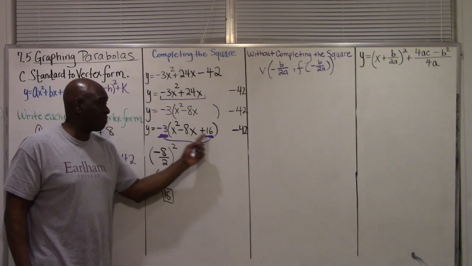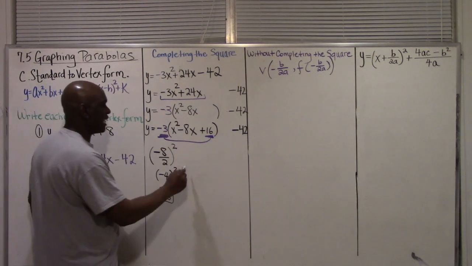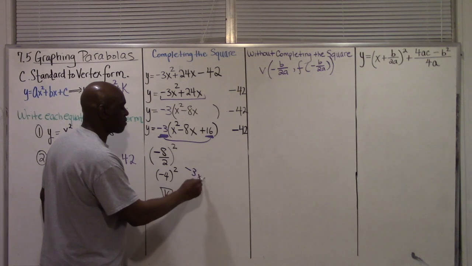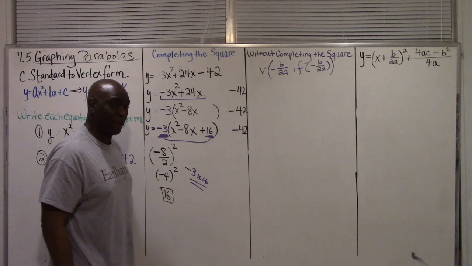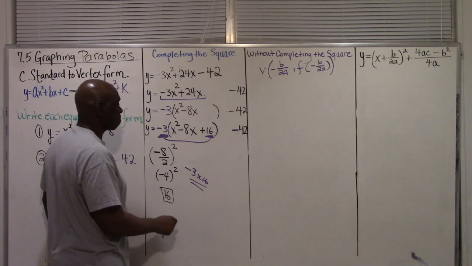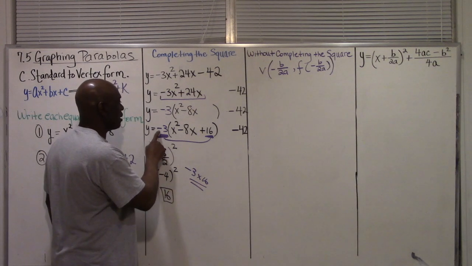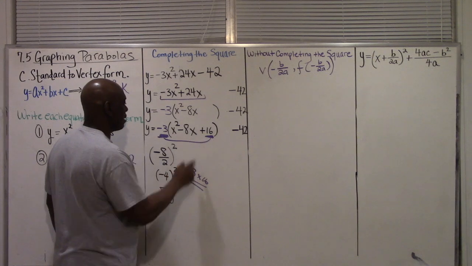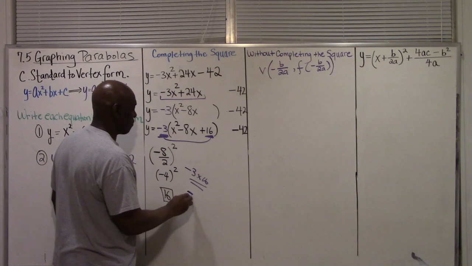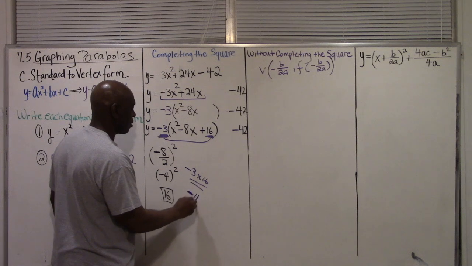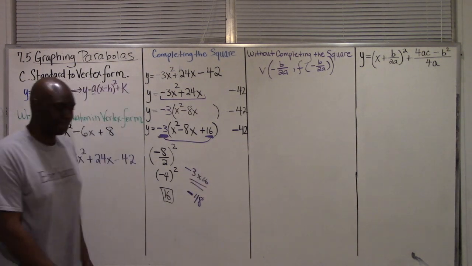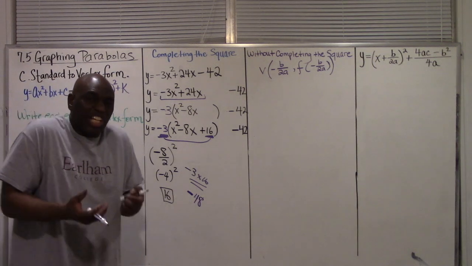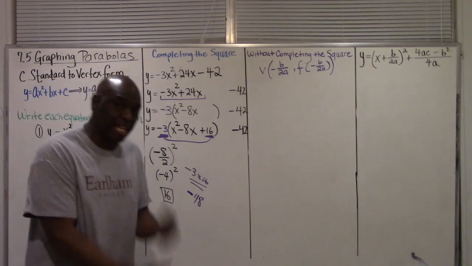Negative 3 times 16. What is negative 3 times 16? Because that's what you have. Negative 3 times 16 is a negative 48. So you're really looking at negative 48.